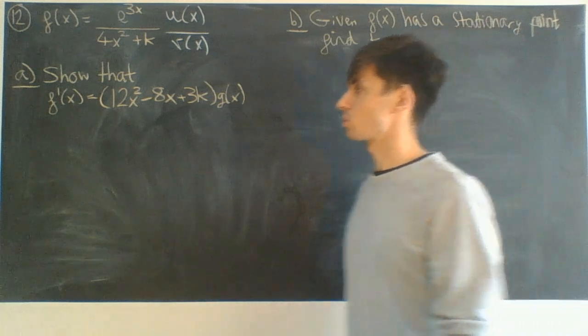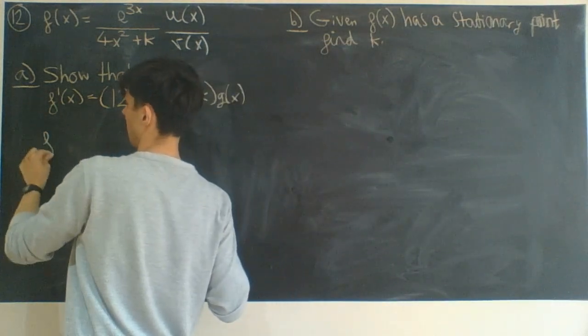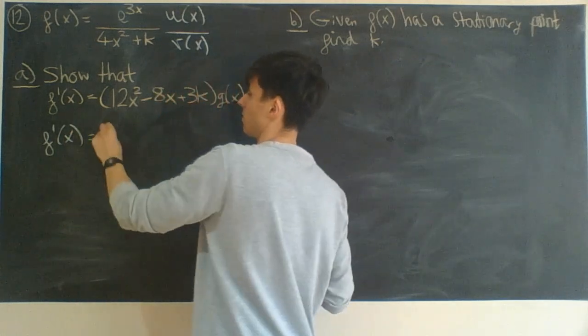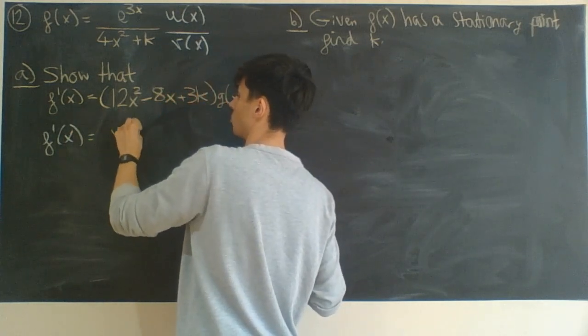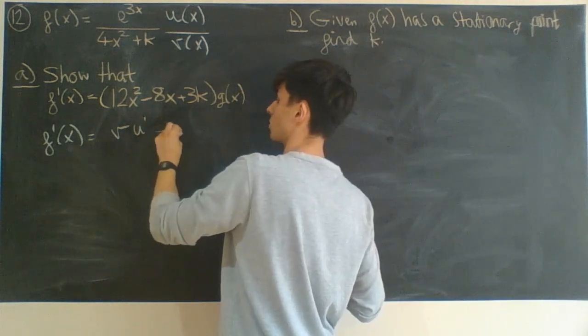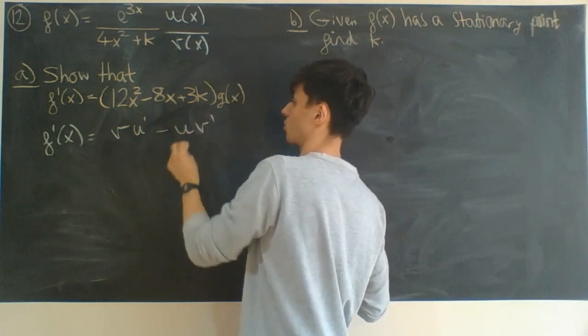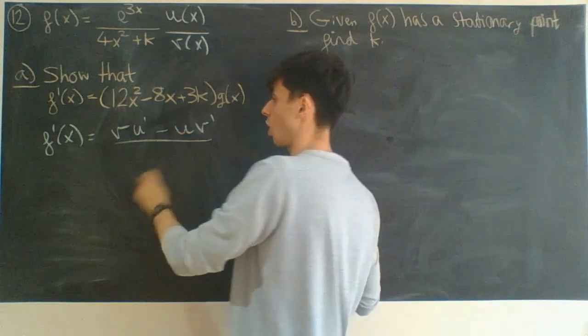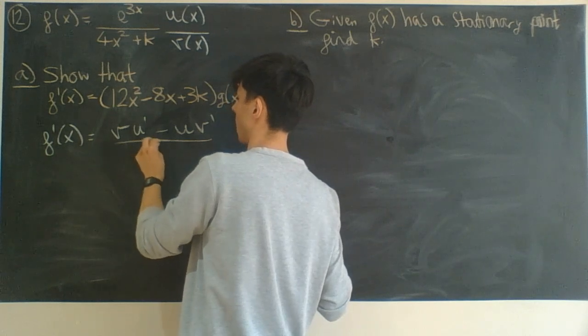The quotient rule tells us that f dash of x, the first derivative, is v u dash, or du dx, minus u v dash, or u times the first derivative of v, over v squared.